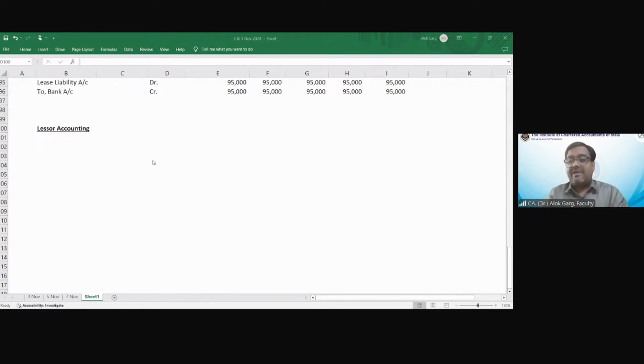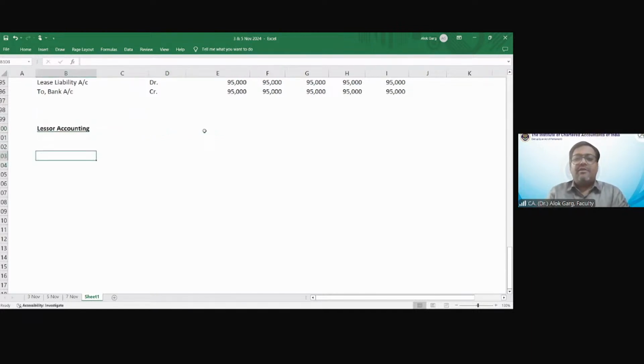Because ROU is equal to the present value of future lease payments plus the lease rent already paid on or before the commencement date, plus initial direct cost, plus provision for asset retirement obligation or site dismantling obligation, right?